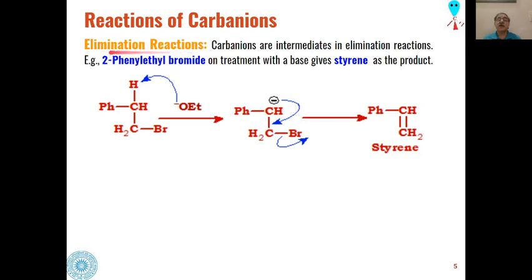The next is elimination reactions. In elimination reactions also, carbanions act as intermediates. For example, if we have this substrate, say 2-phenyl ethyl bromide, because of the presence of this phenyl group and the electron withdrawing bromo group, this carbon has a delta positive charge, and because of that it will attract electron density towards itself.